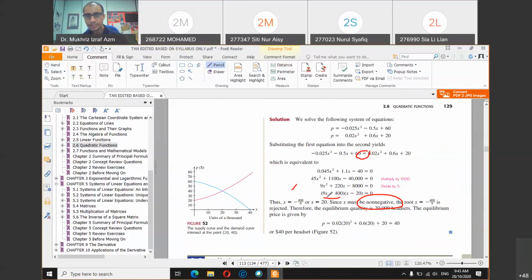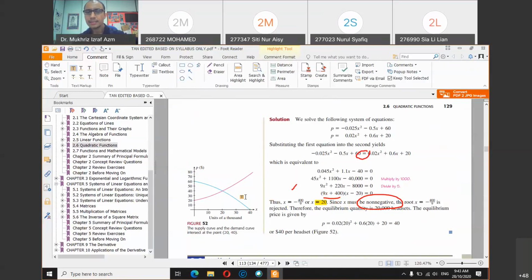This is why factorization is very important, especially since you need to get the answer correct first. Once you do the factorization, the negative number must be excluded. What if you get two positive numbers? That means you have two solutions, two equilibrium quantities and prices, but I think that seldom happens.